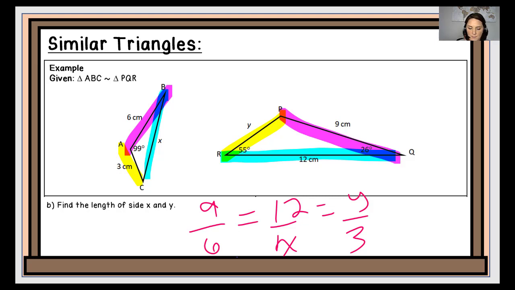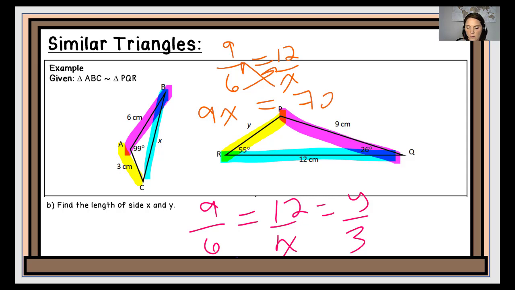Let's go ahead and do that. I could multiply both sides by x and 6, cross multiply to get them out of the denominator. So 9x is equal to 12 times 6 is 72. Divide both sides by 9.